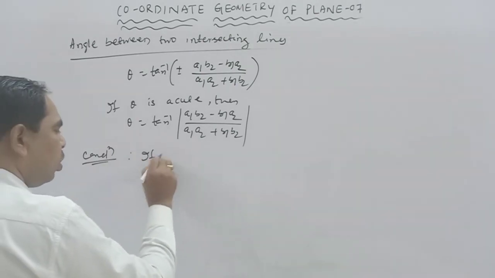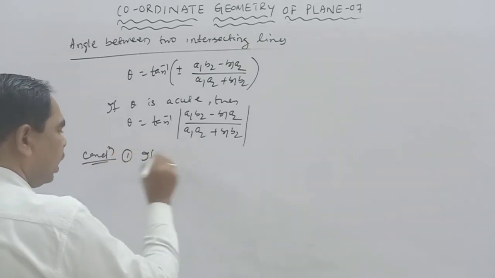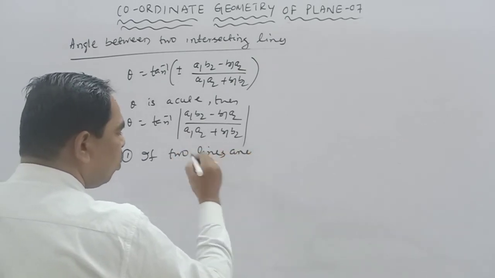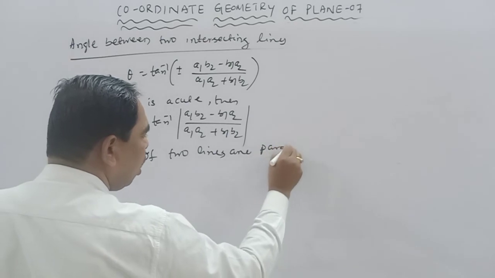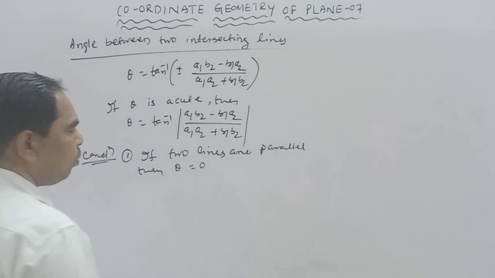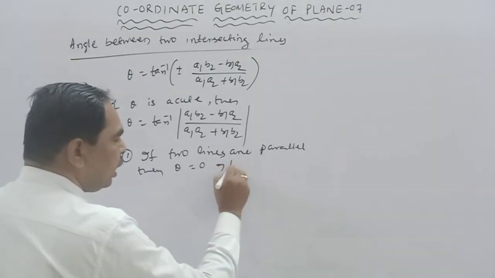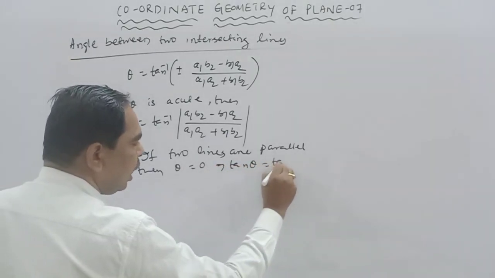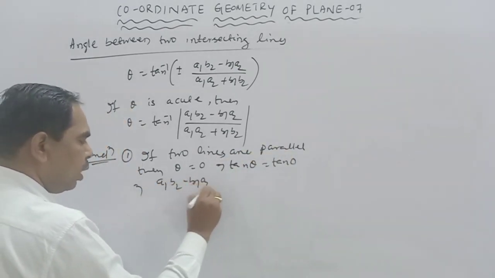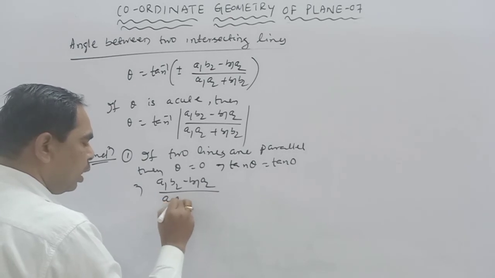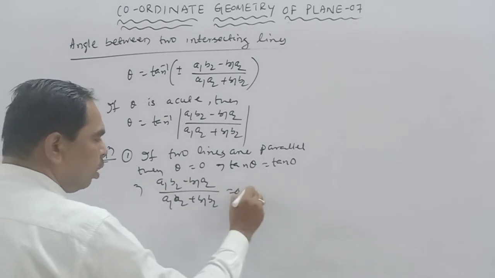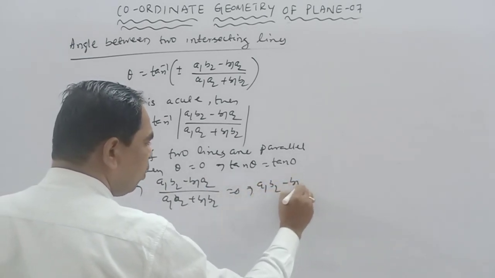Condition 1: if two lines are parallel, then theta is equal to 0. That implies tan theta is equal to tan 0. So (a1 b2 minus b1 a2) divided by (a1 a2 plus b1 b2) is equal to 0, which implies a1 b2 minus b1 a2 is equal to 0.